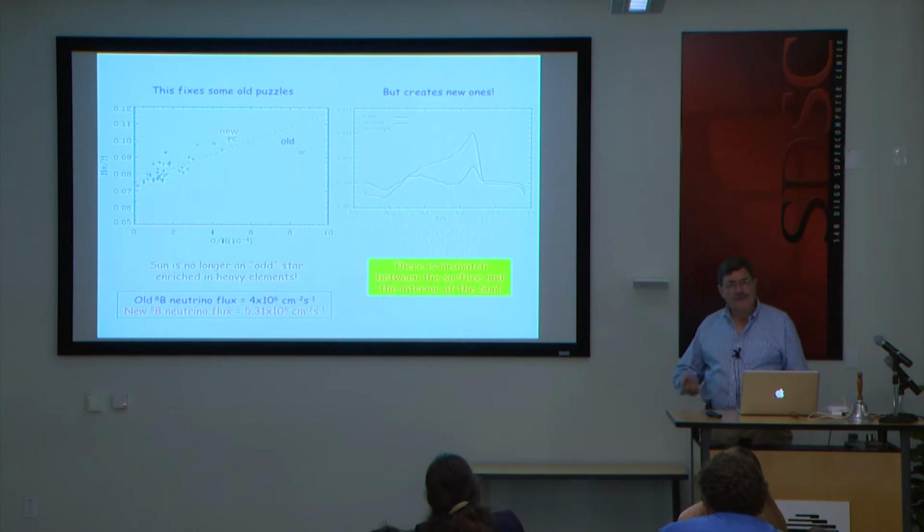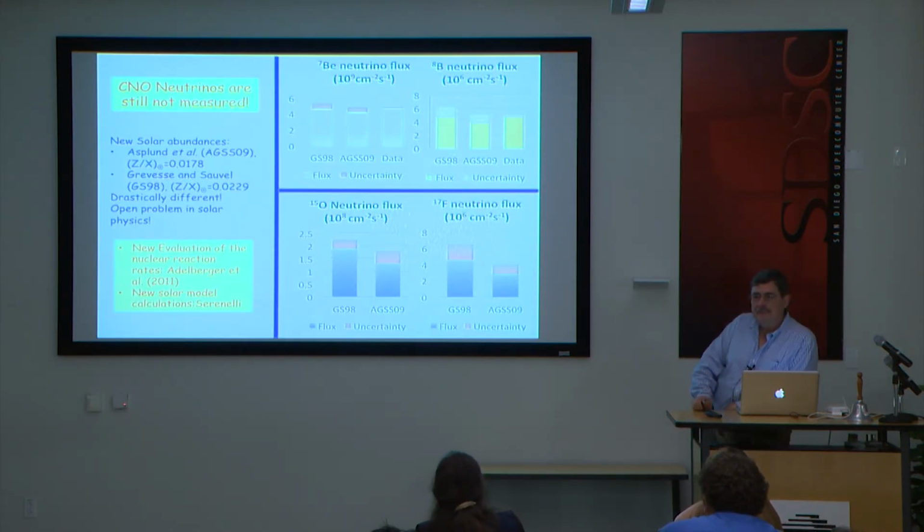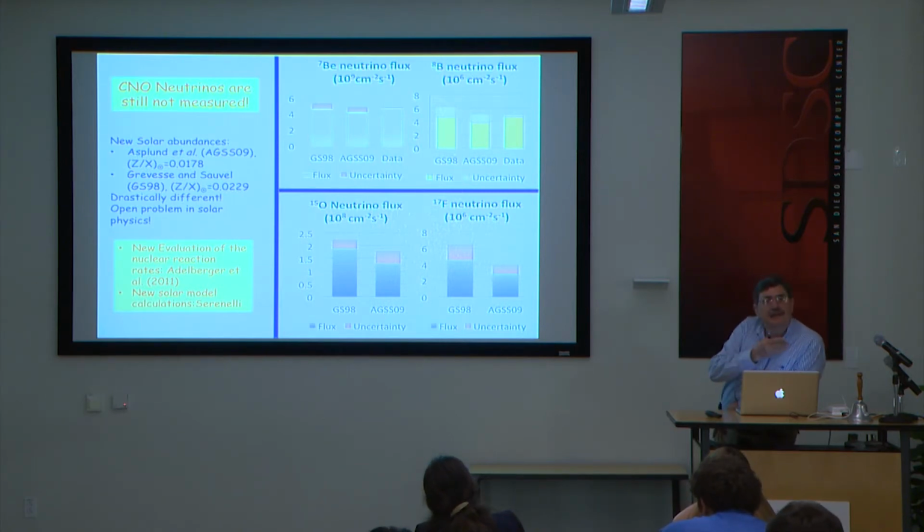Well, what does that mean? That actually changes the metallicity of the sun. And remember, CNO neutrinos are still not measured. So since the metallicity has changed, that is to say, C and N and O abundances changed, that actually changes the neutrino flux you expect from the CNO cycle.